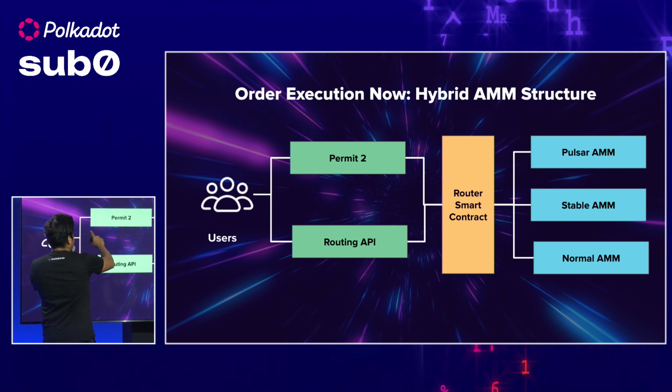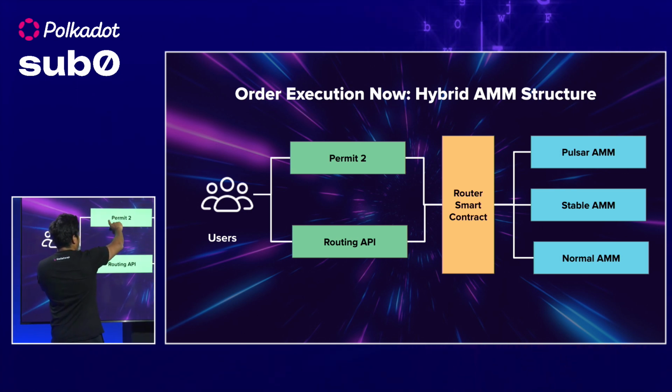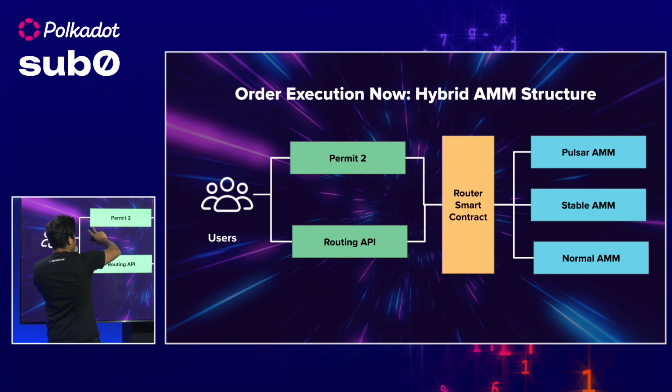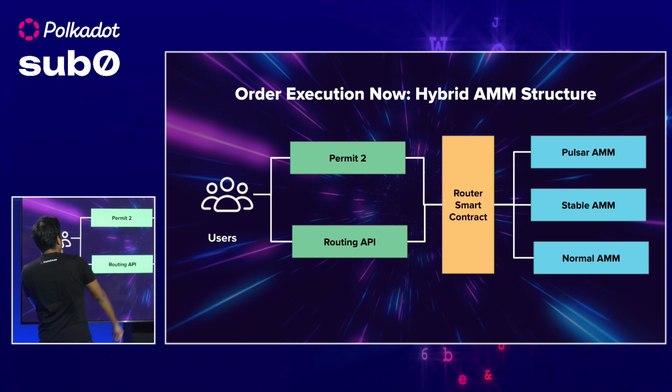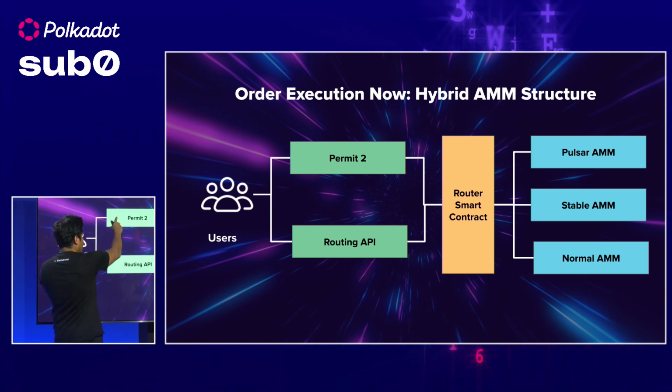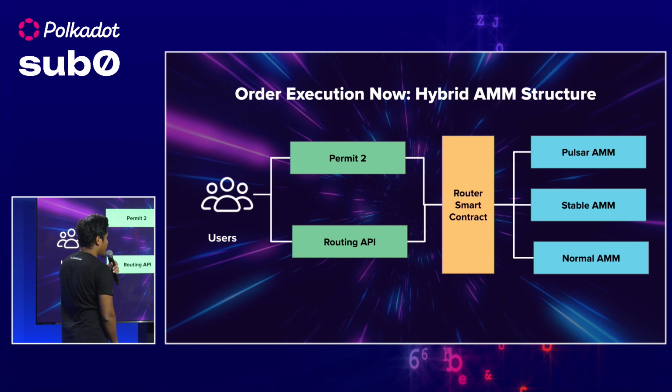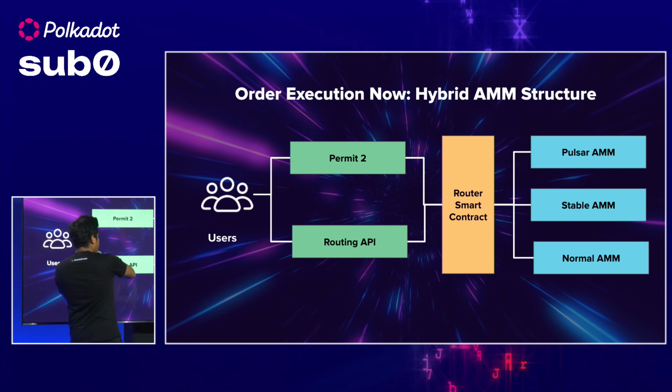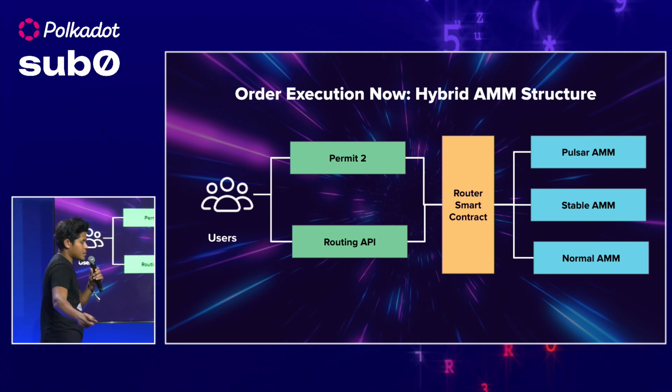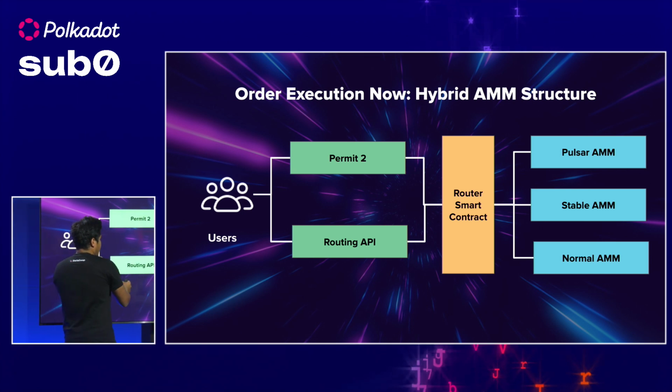So what happens is that when a user puts in the input and output, we need the signature hash from Permit2, combined with the routing API, which is predicated on the user's input and output token.